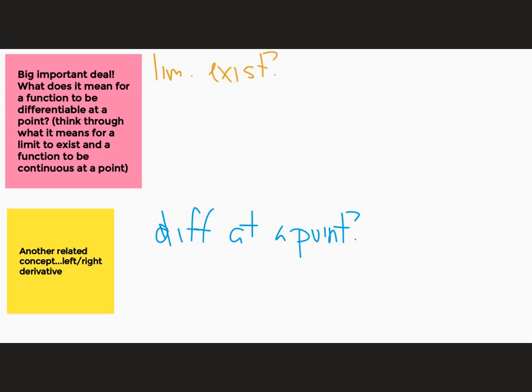You should know this. You should be able to fill this in. A limit exists when x approaches a from the left for some function is the same as x approaching a from the right of that same function. That means the limit exists.